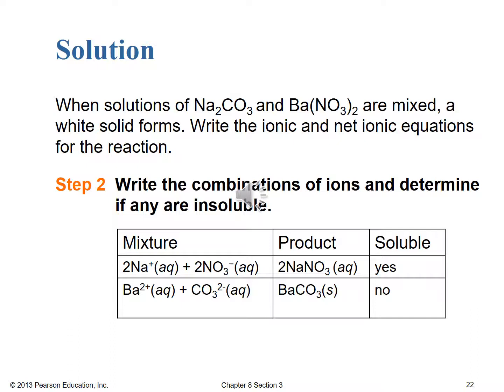When we take the barium 2 plus and the carbonate 2 minus, unfortunately we don't get a soluble result, right? Most carbonates are insoluble aside from group 1A and ammonium ions. So barium is neither of those. So as a carbonate, we'd expect it to be insoluble, as is the general rule. And therefore now we do have a precipitation reaction because we're going to form solid barium carbonate.